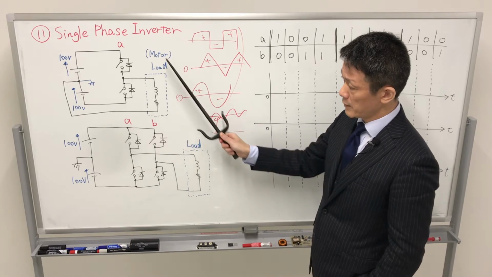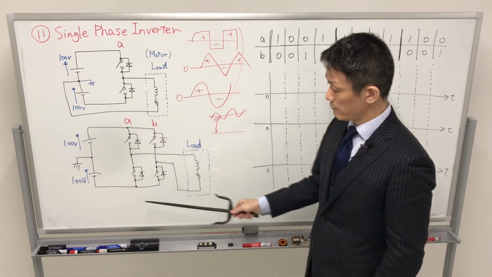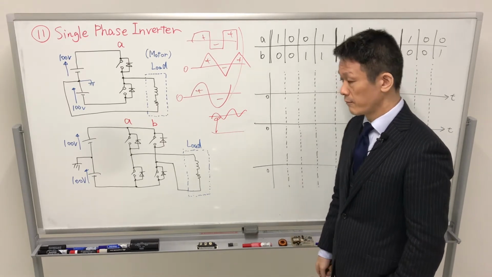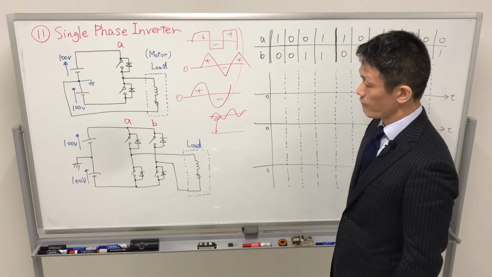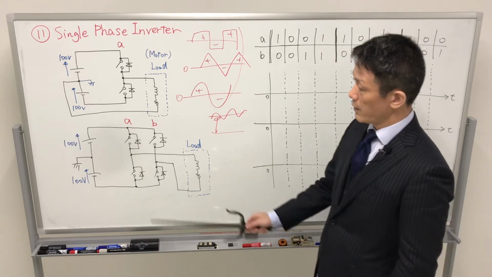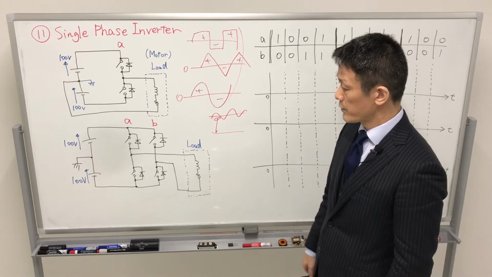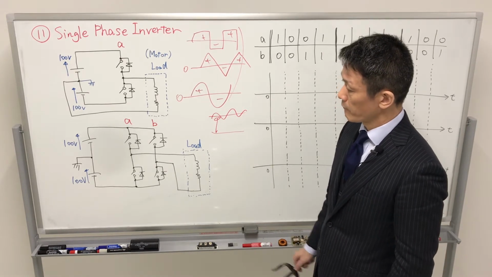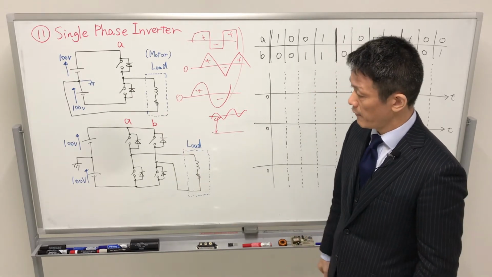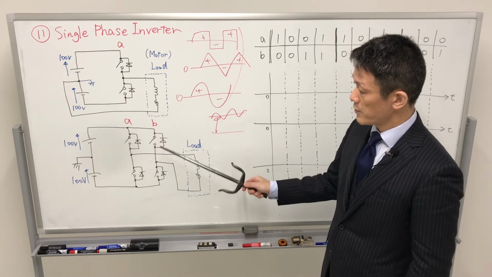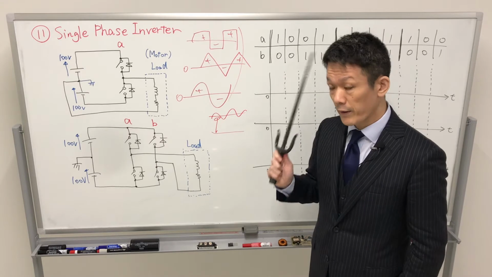The upper figure is the single phase inverter. The lower figure is the single phase inverter. What is the difference? Power semiconductor is increased 2 times. The same voltage, the same DC line voltage. Additional power semiconductor is required.